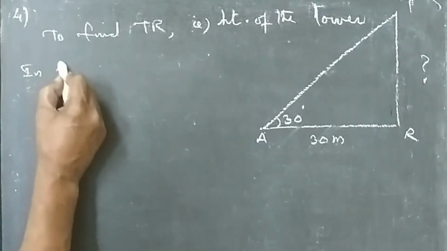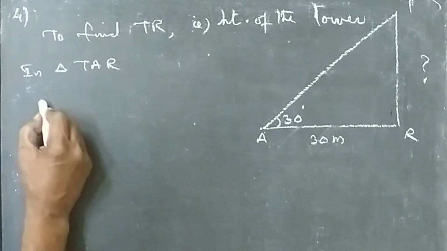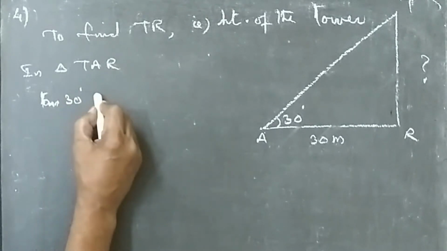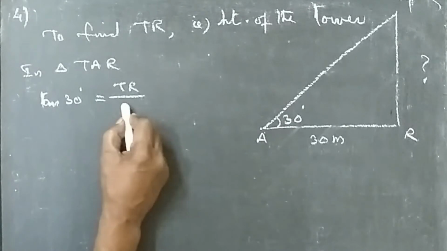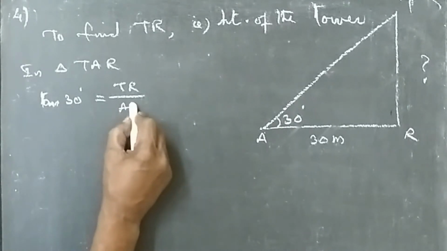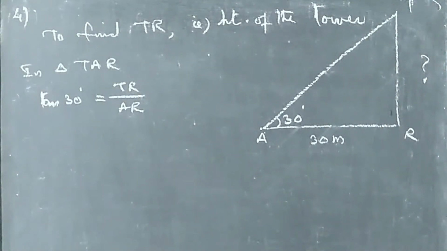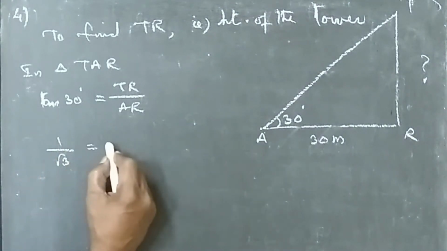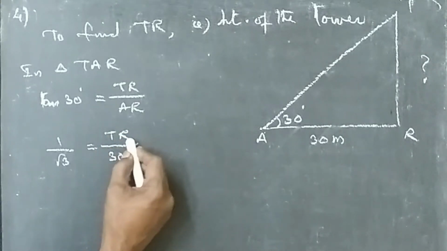In triangle TAR, tan 30 is equal to opposite side by adjacent. Tan 30 is how much? Come on, tell me. Yeah, this 1 by root 3 is equal to TR by 30.